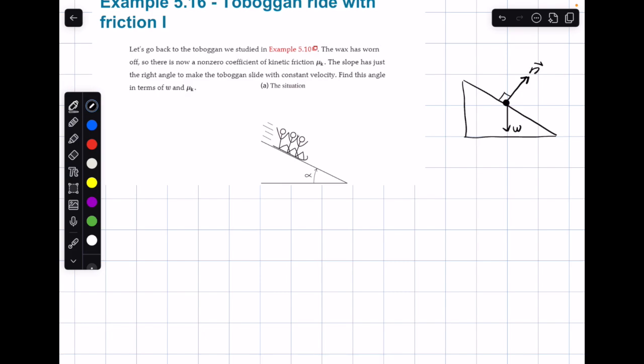The frictional force, what direction is that going to point? It points opposite to the direction of motion. And when we're doing an incline, we like to tilt our XY axis so that our x-axis is the inclined plane. And so therefore our frictional force is going to go in the negative x direction.